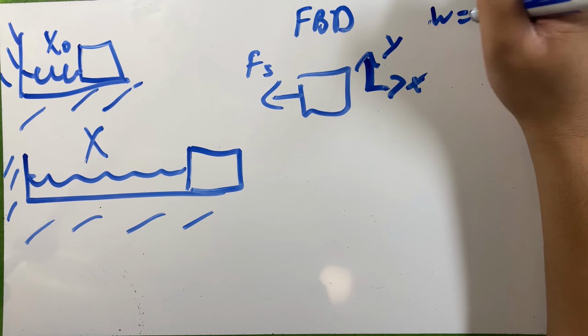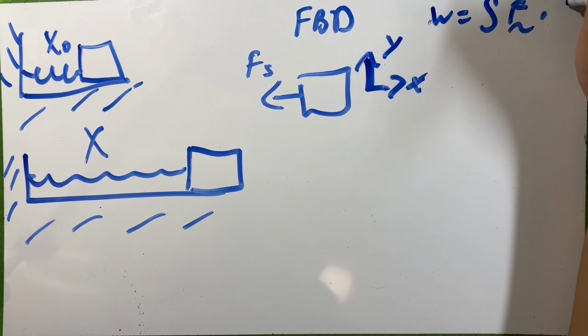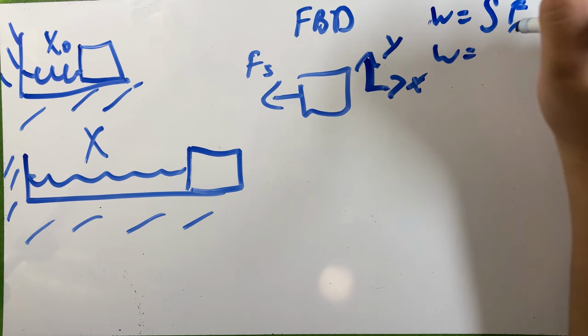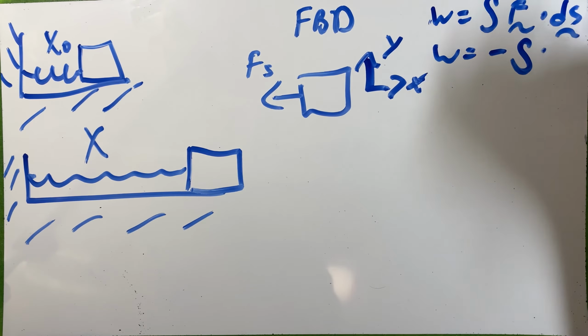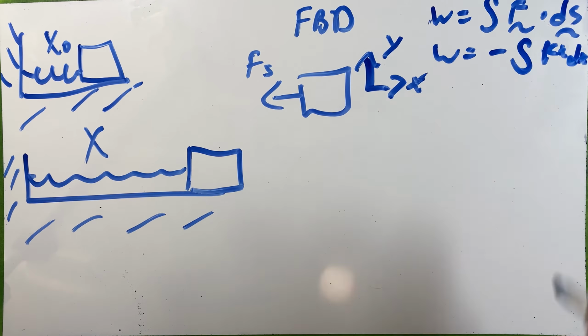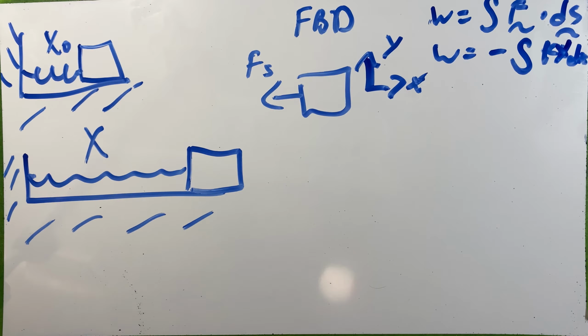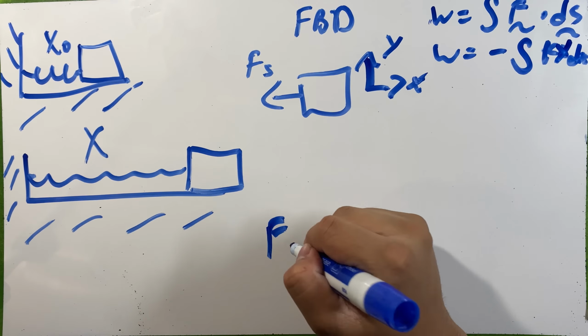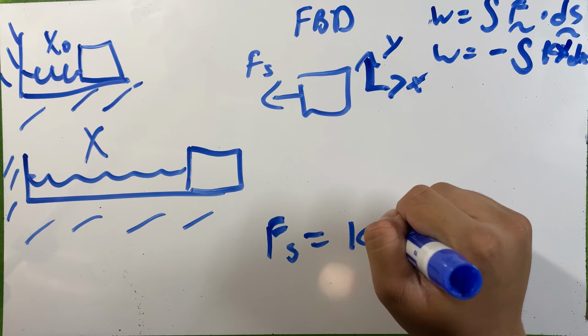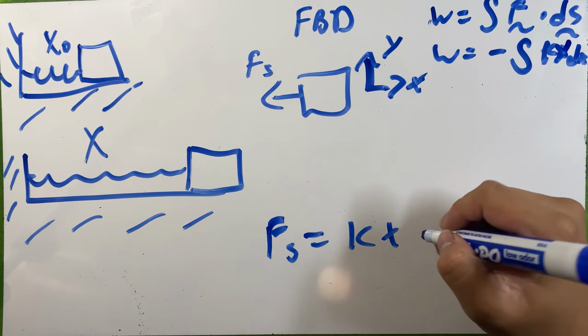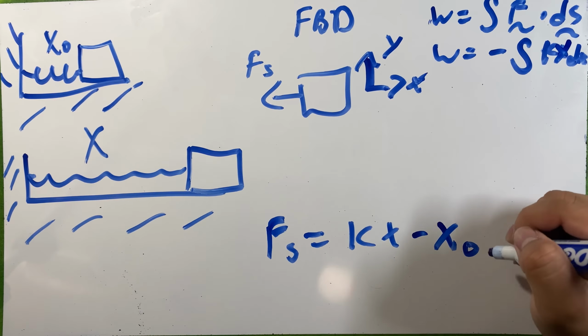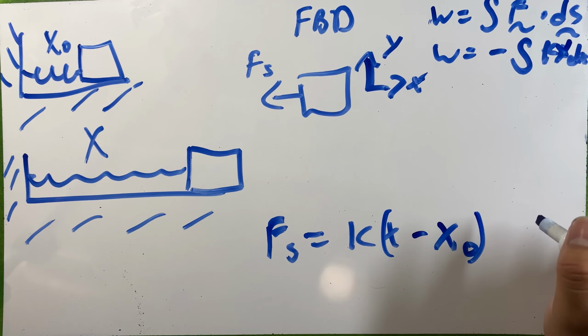So if we do the same thing, work is equal to F dotted with ds. We know that Hooke's law is kx, and of course, x is just referencing x minus x naught here.